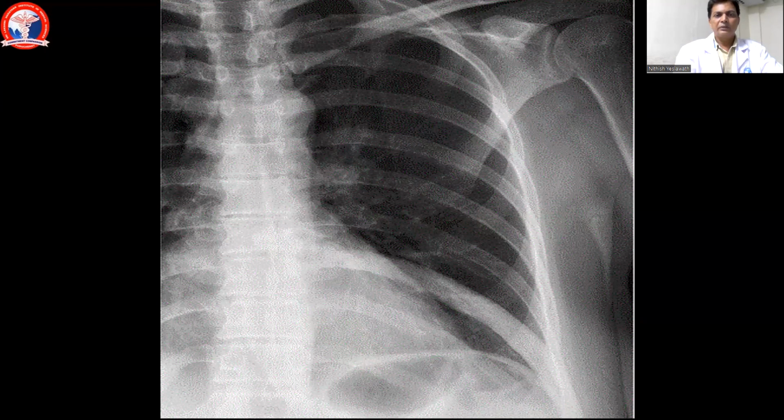Here we are seeing a dense rib. This is the left side of the X-ray. It's a frontal view chest X-ray. In that one particular view, a rib is seen dense. The left ninth rib is appearing denser, showing diffuse sclerotic changes, and it is relatively enlarged.